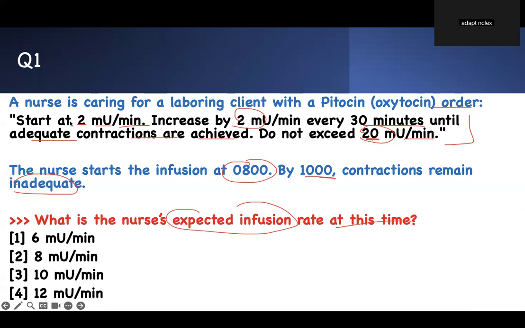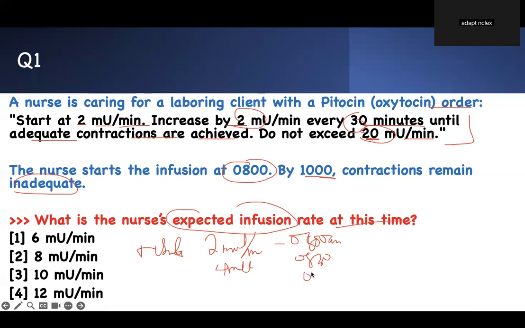They said titrate it. So titration, I put my titration here. And they said I should start at what? 2 milliunits, right? Every minute. And what is the time I start? 8 o'clock. And the question says every 30 minutes, you should increase it by what? 2. So at 8:30, I'm going to increase this by 2. That will be 4 milliunits.